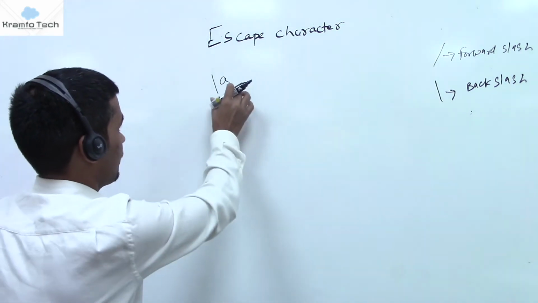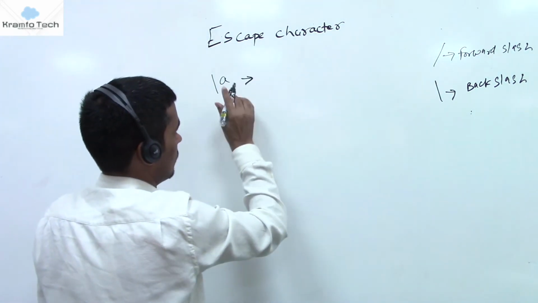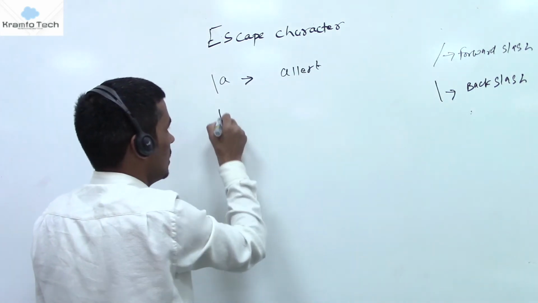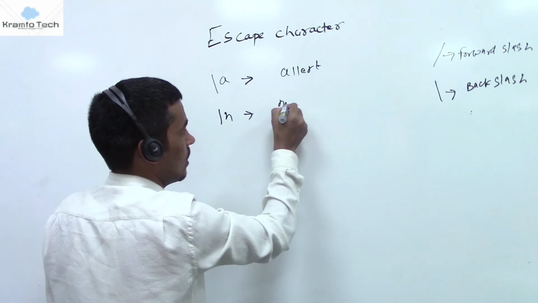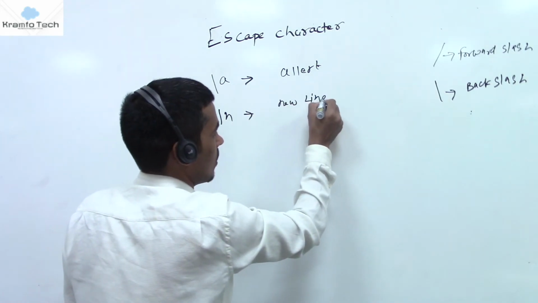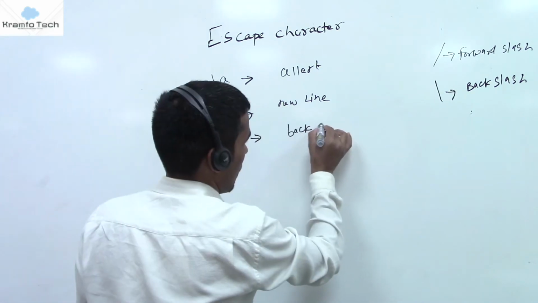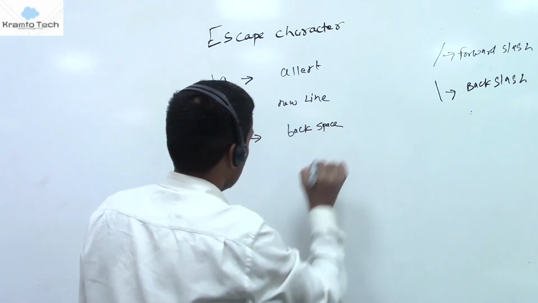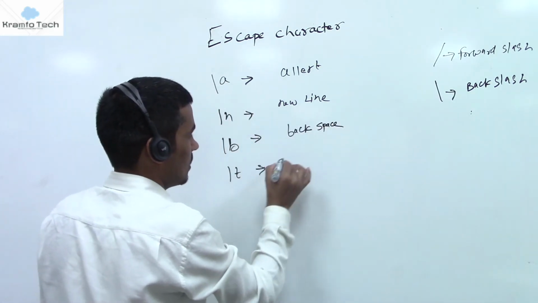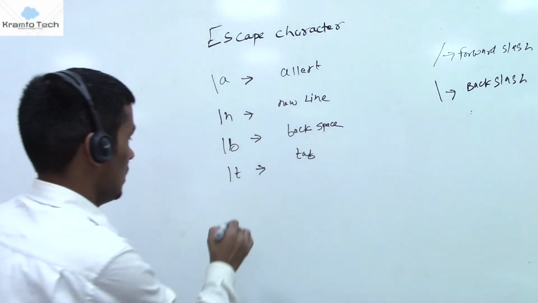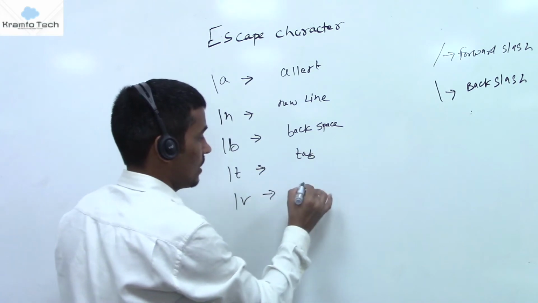Let's see how this works. Backslash a is for alert, backslash n is for new line, backslash b is for backspace, backslash t is for tab, one tab space, and backslash v is for vertical tab space.